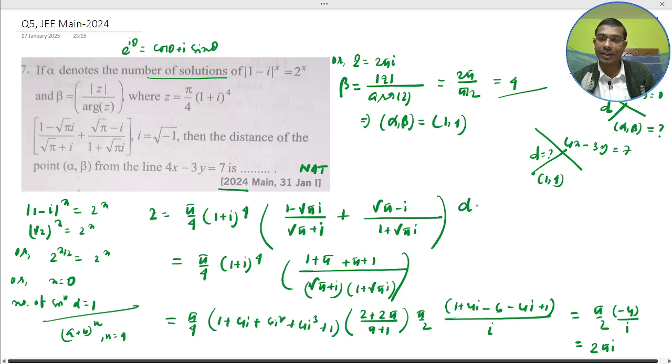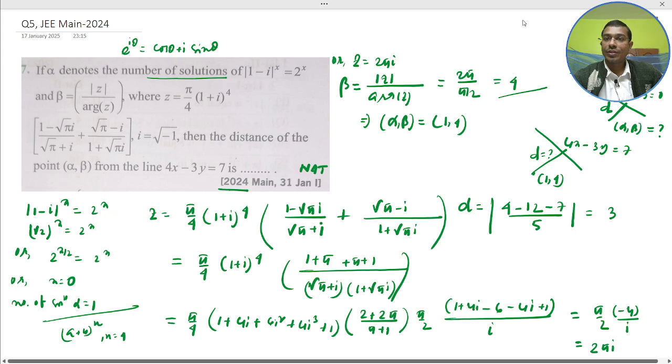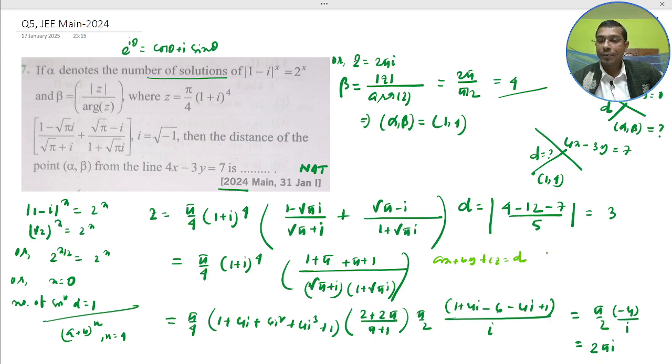I just write here d equal to what? Modulus of 4 minus 12 minus 7 divided by 5 equal to 3. I write this because I use one thing here. Suppose this is a plane, ax plus by plus cz equal to d, and suppose a point x1, y1, z1.